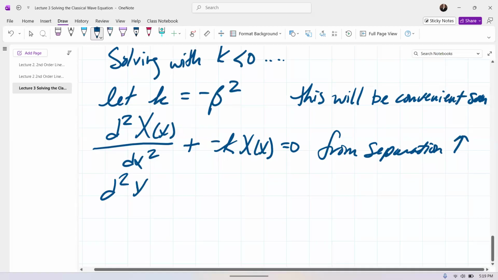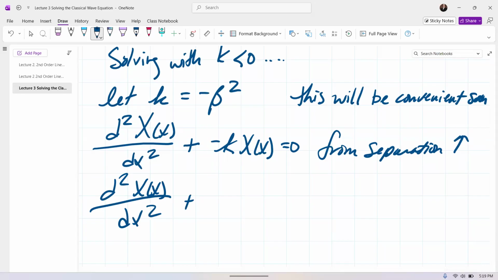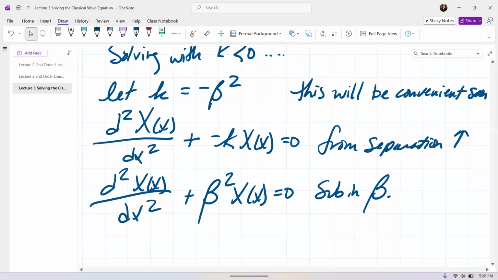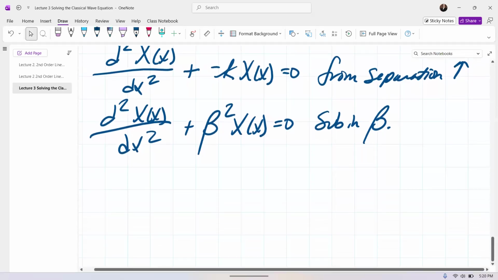D squared X of x over dx squared plus, now I'm substituting in my negative beta squared, which flips the sign, beta squared X of x equals 0. I'm going to try to put a really long tail on my betas so that you can tell them apart from my b's, because there will be some b's coming up, and they're not the same.